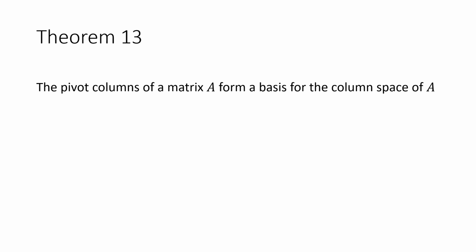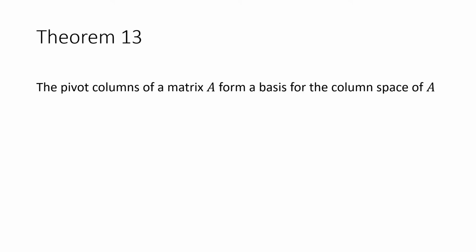In fact, this forms the basis of our next theorem, Theorem 13. Theorem 13 says that the pivot columns of a matrix A form a basis for the column space of A. So think about what this means. If A is a matrix and we are looking at the column space, in other words, everything you can build from the columns, but you want a basis.